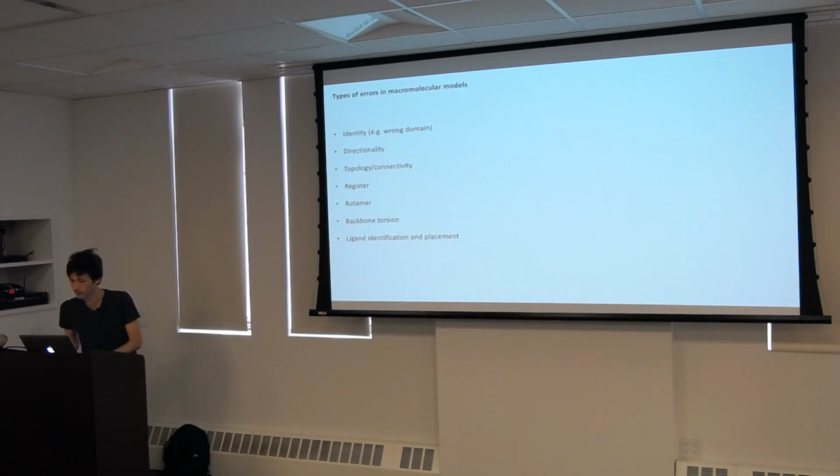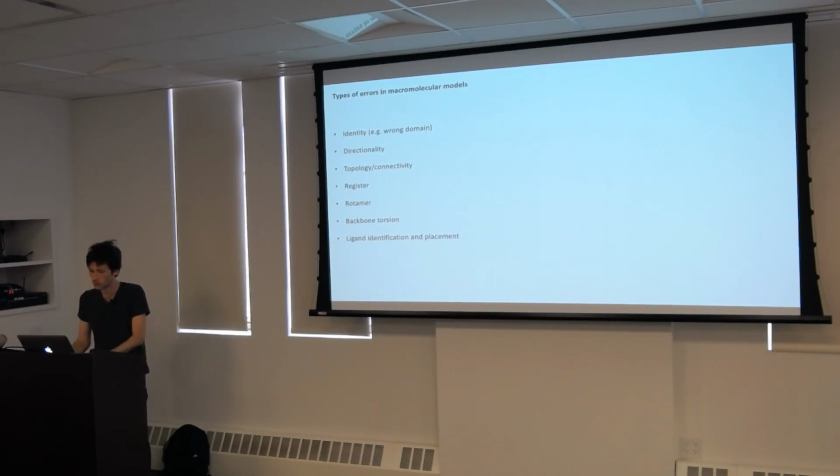All right, so the other part that I just wanted to briefly cover is to do with validation, or the other direction of validation, which is the types of errors that you're likely to encounter in macromolecular models, and where they occur, and how to deal with them or avoid them.